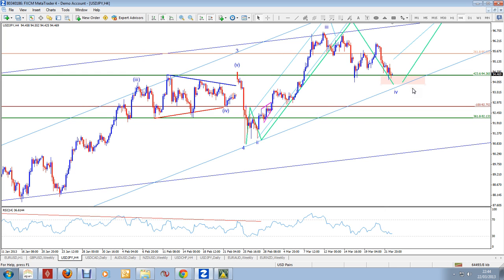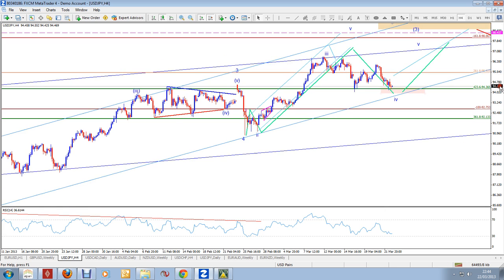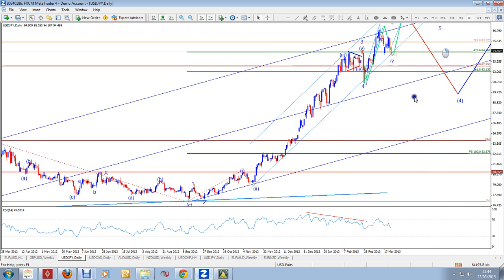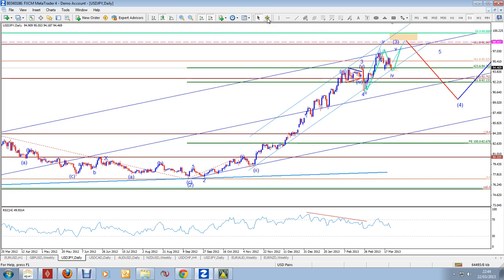Okay, so US dollar yen, I think we will probably continue higher, and depending how much we go up from here, we could quite easily test this 98 level, or maybe even a little higher, and we could even go up to 100. That's a possibility, up to 100.